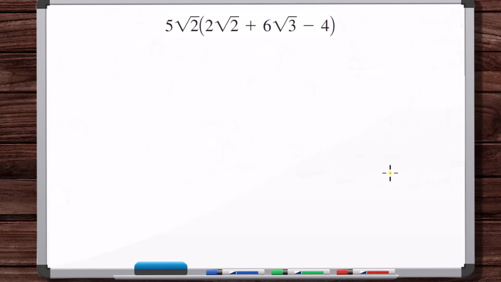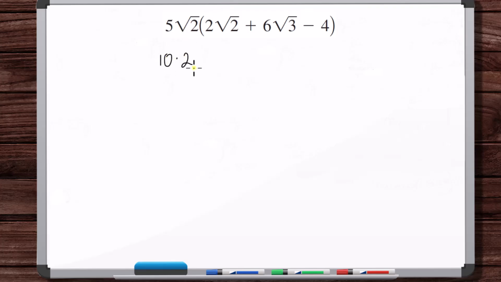They're all numbers, so just distribute, right? It doesn't matter that it's a radical. We have a single-term radical times a single-term radical. We just did a bunch of those problems. So it's all straightforward. 5 times 2 is 10.